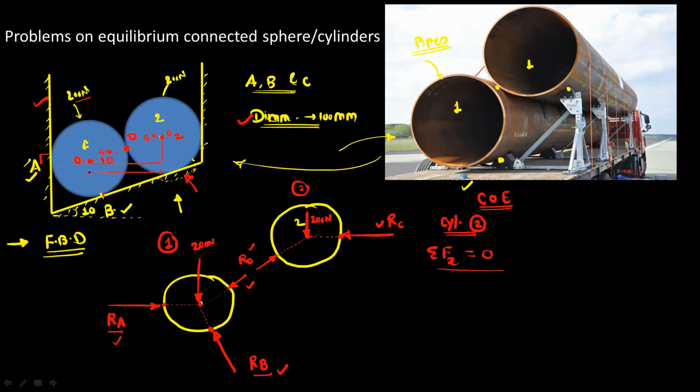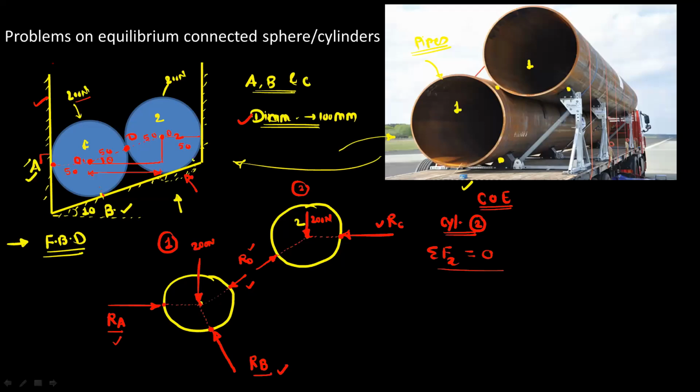Now we have to find the adjacent side. For that, again we refer to the diameters, 100 mm. So this side from point A to O1 will be 50 mm. This side is also 50 mm.